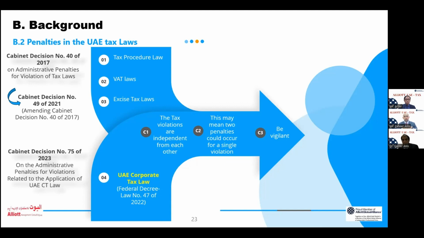It's important to know that tax violations are independent from each other. You may be creating an infraction under the corporate tax law, but you may also be violating the VAT laws. So they're independent from each other, and this perhaps means that there could be two penalties that you might incur. Someone may be making an error or a mistake with respect to corporate tax, but that may also violate the tax laws with respect to VAT, and there are penalties for that as well.